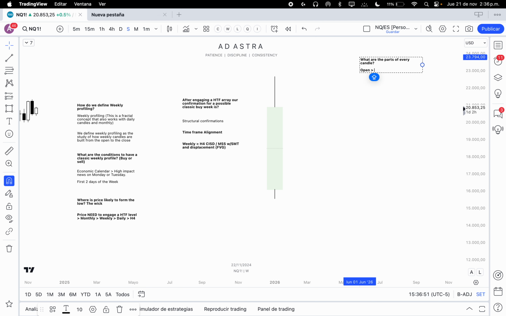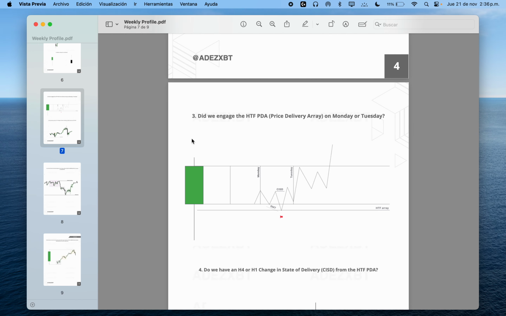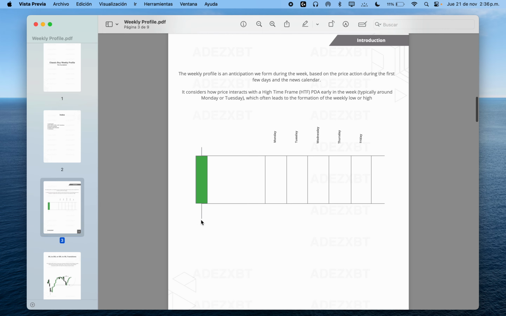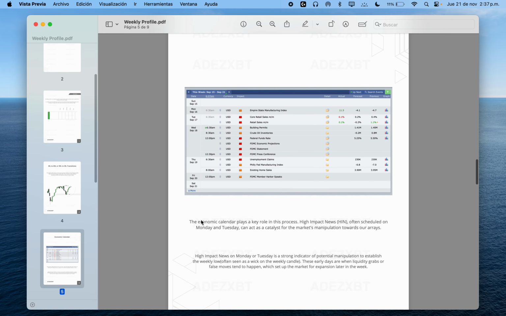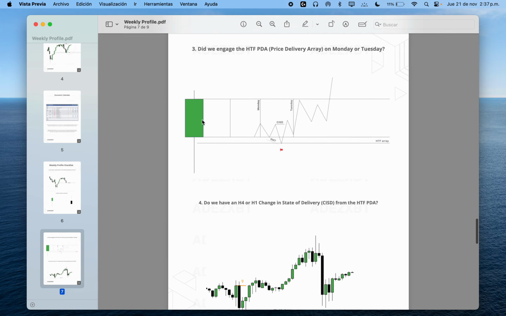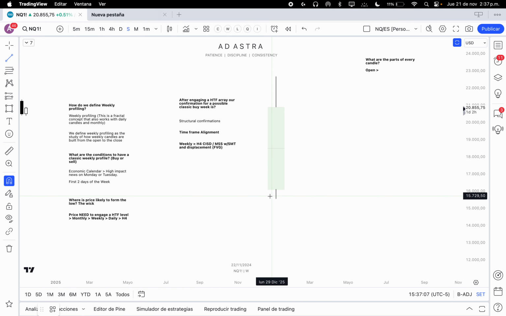Open. Okay, let's mark out our opening candle. I don't want to go back to the open, high, close, but I want you guys to tell me, what is the open of a bullish candle? We have the open of the candle, which is this one.